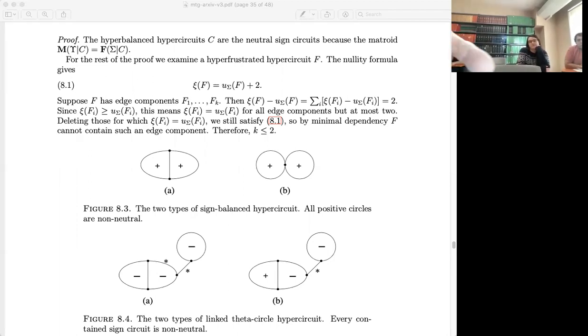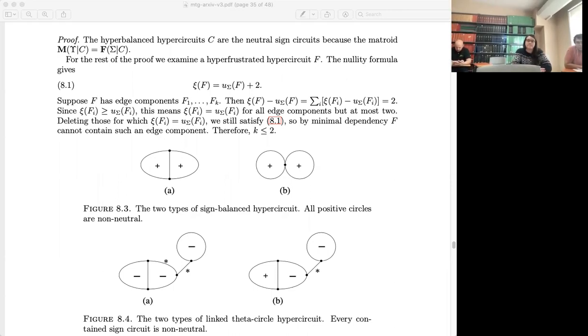Now, if you have 2 negative circles, then you're going to have a positive circle, and so it won't be a sine circuit. This is a special case where we have all positive circles because the third circle has to have the product of the other 2 signs, and that's in A in figure 8.3.